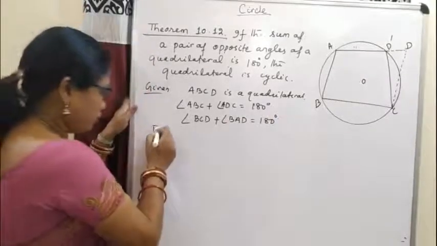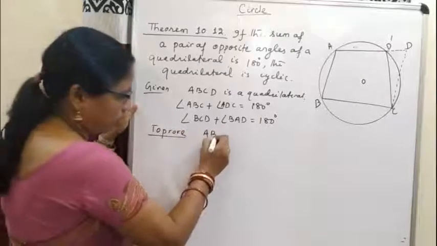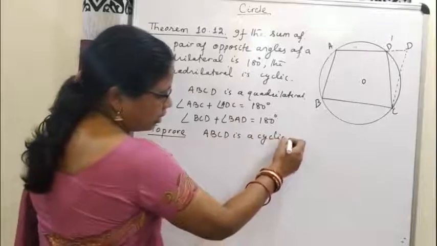So then to prove ABCD is a cyclic quadrilateral.